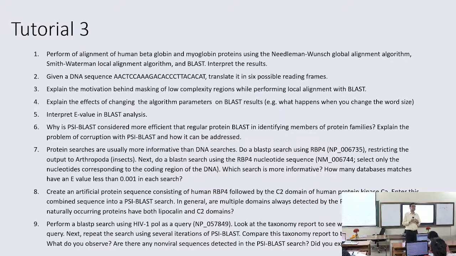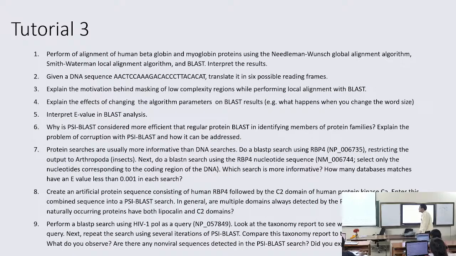The problem is that even if there are a few hits which are spurious, they will always remain there and they may bring in more spurious hits that are similar to them. This is the corruption problem. So it is important that you keep taking out the spurious hits in the iterations of PSI-BLAST so that you have results that are more reliable.